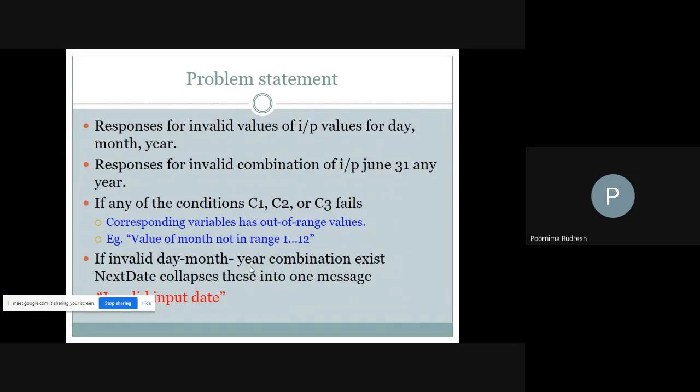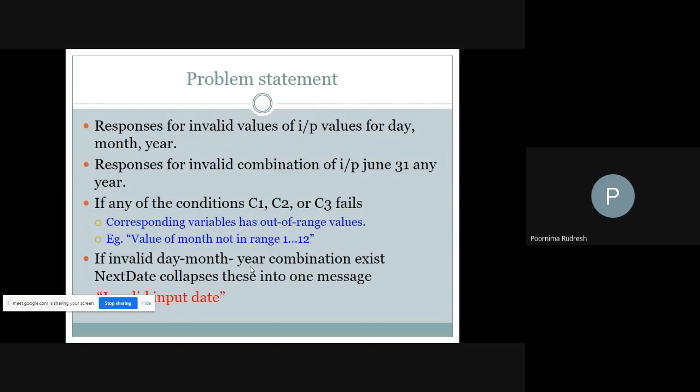As I said, for the responses to invalid combinations of input, let us consider June 31 in a year. Is June consisting of 31 days? No, it consists of only 30 days. So June month will have only 30 days. If we enter 31 for the June month, then it will display the error message.